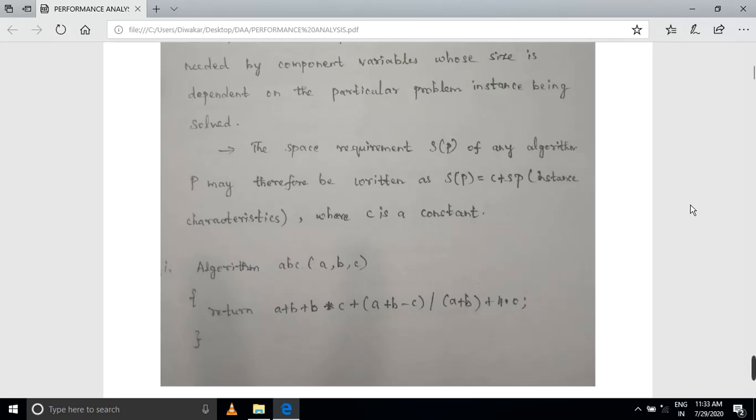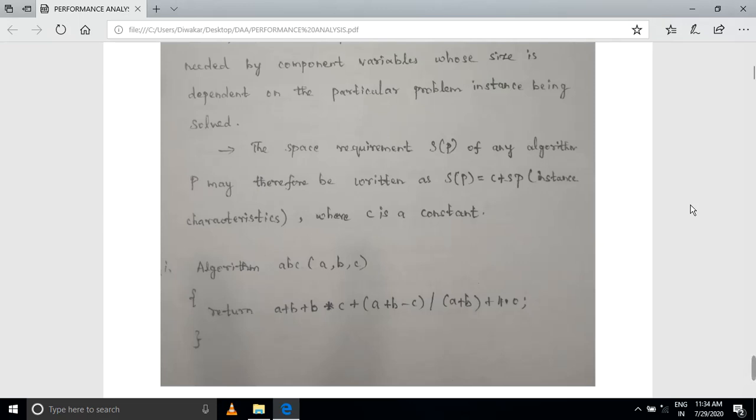So this is one example. Space means we are declaring particular variables whose size of space will be allocated based on the particular problem and the particular method you have to solve.